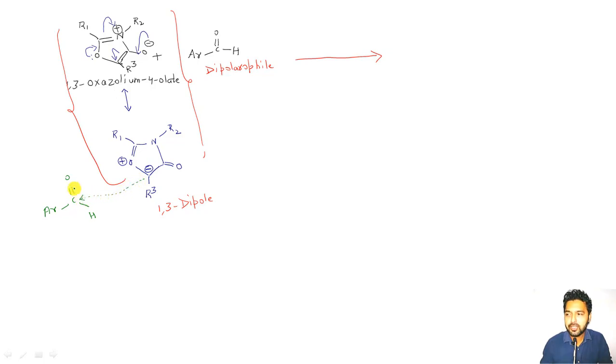Sending these electrons here, these electrons will be shifted here like this, sorry, not here but here, sending these electrons onto the oxygen atom. All right, so it will give me what? It will give me oxygen, single bond, carbon here having the aromatic part as well as the hydrogen.